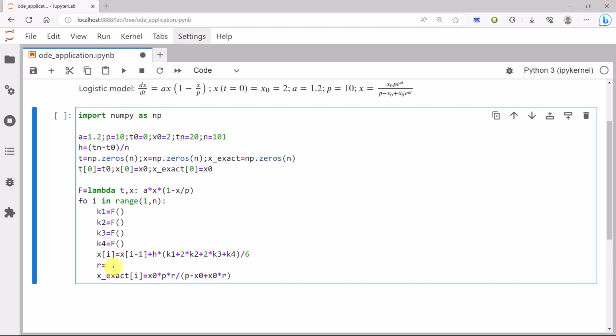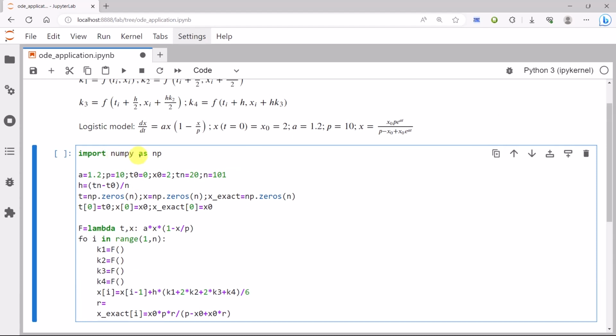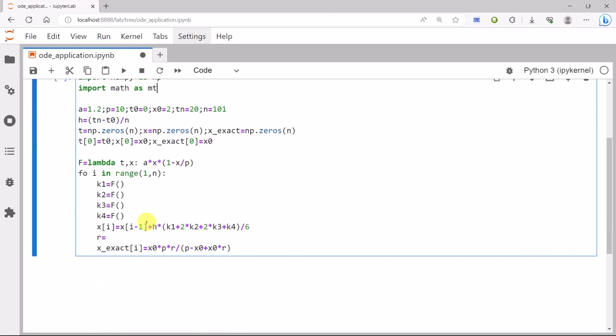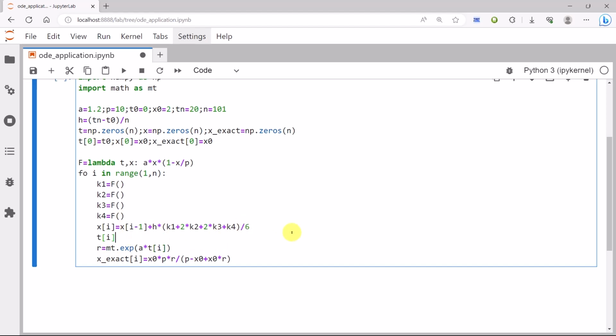Here I have to figure out the exponential. For that I need math. So this is math dot exp of a t i. Then t I have to update. So t i is equal to t i minus 1 plus h. All right, so we are done.